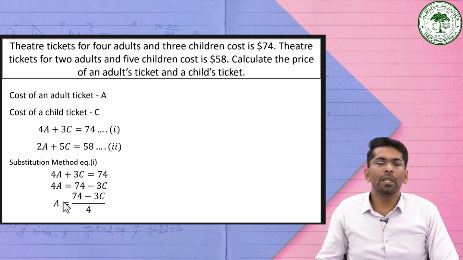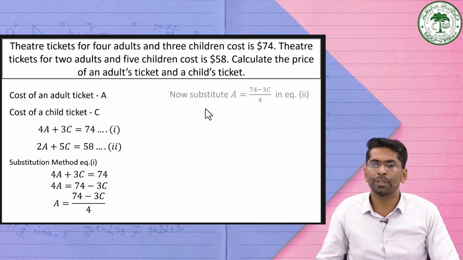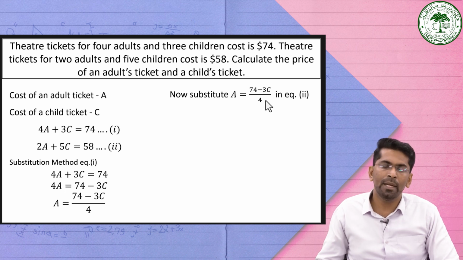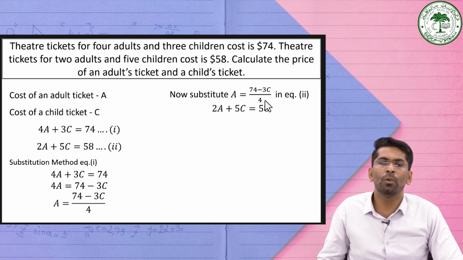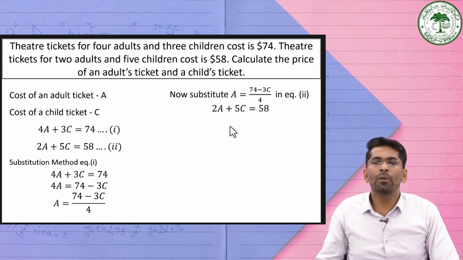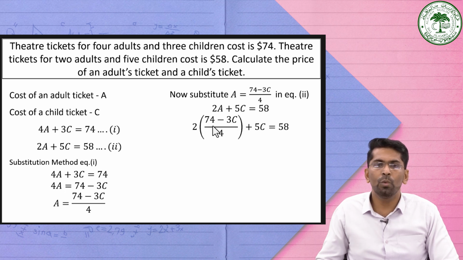Now we can substitute the value of A into equation number 2, which is 2A plus 5C is equal to 58. So 2 times (74 minus 3C) divided by 4, plus 5C, is equal to 58.